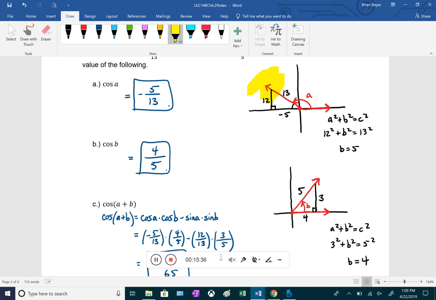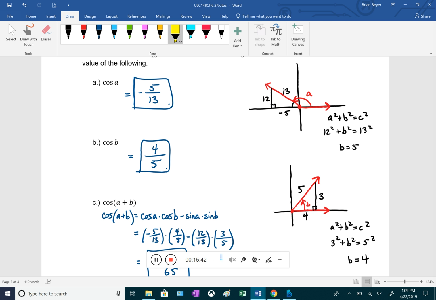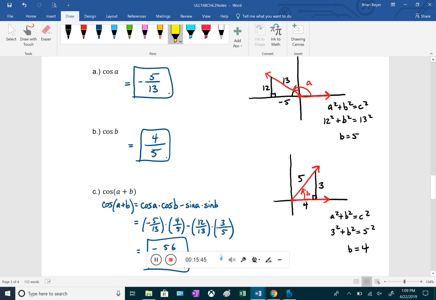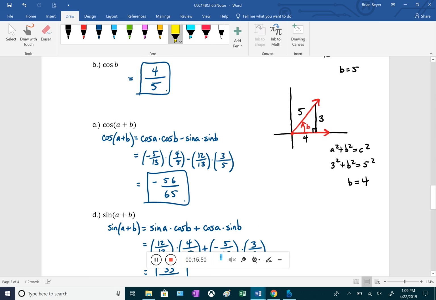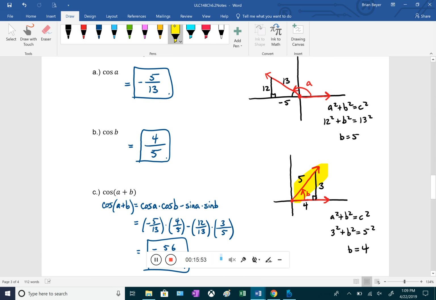Angle B is in quadrant 1. So if you're trying to think of adding quadrant 2 to quadrant 1, you might think it's going to be in quadrant 3, but that's not always the case, because if angle B is very small, then this could stay in quadrant 2, which is actually what happens here.